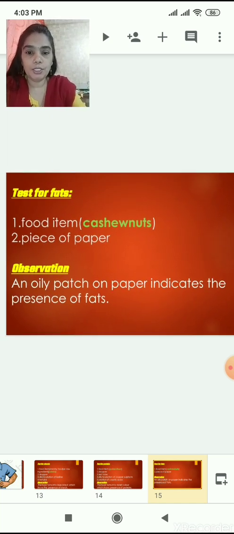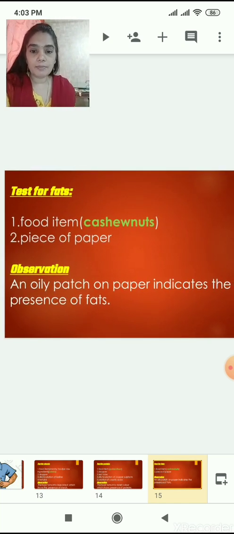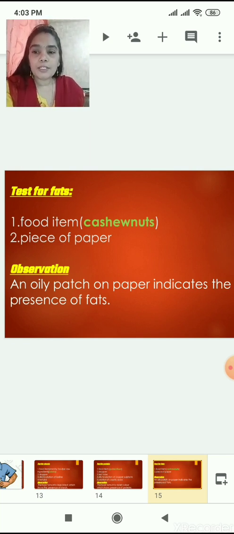Here you need food items, cashew nuts, and a piece of paper. The observation is that an oil patch on paper indicates the presence of fats. Does a food item contain more than one nutrient? Do you find any food item that does not contain any other nutrients?